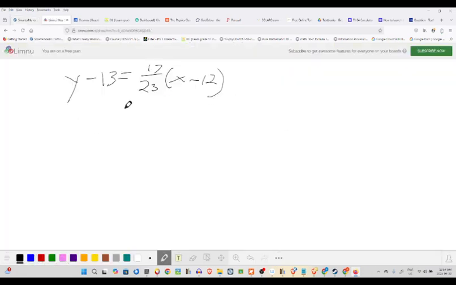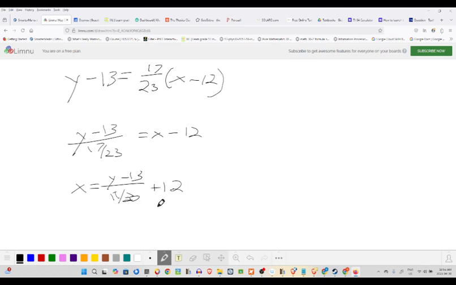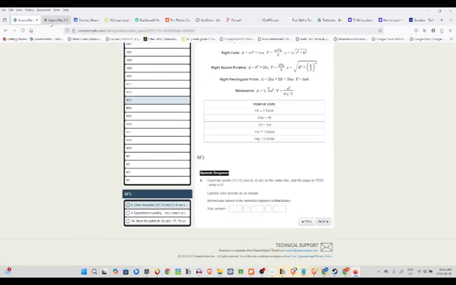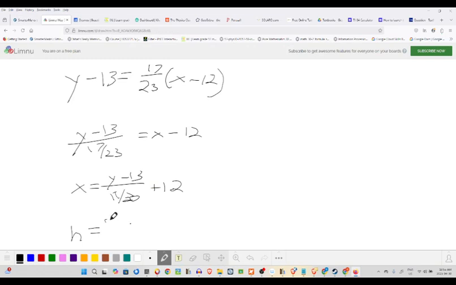So, in fact, we can do y minus 13 over 17 divided by 23 is x minus 12. So x is y minus 13 over 17 divided by 23 plus 12. And we're looking for it. X is h, and y is negative 4.